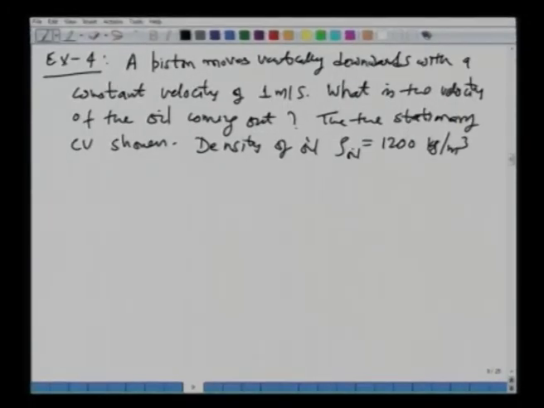All right. So, if you look at the schematic of this problem, you have a cylindrical vessel in which there is a piston that is moving vertically downwards. So, this is your piston.